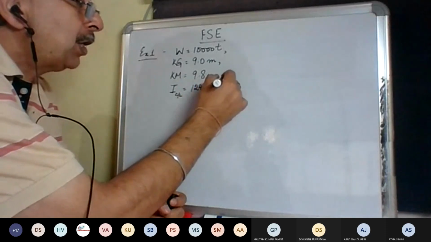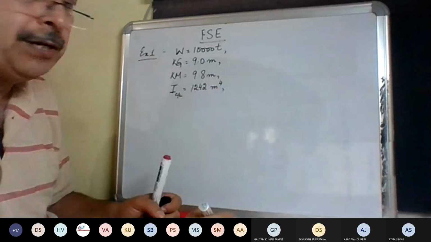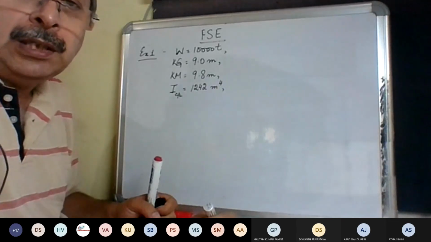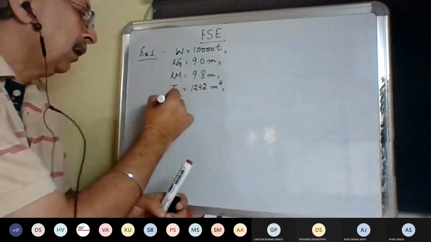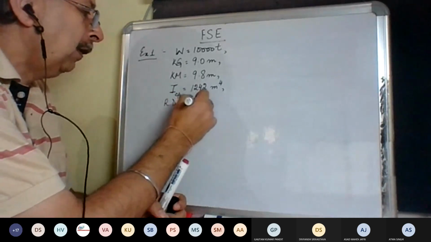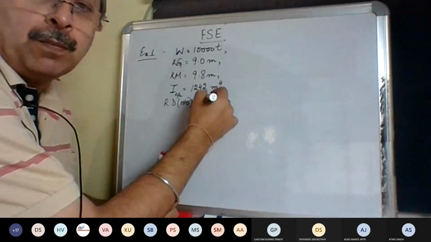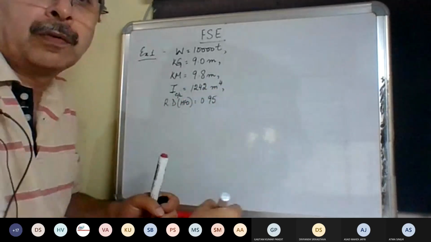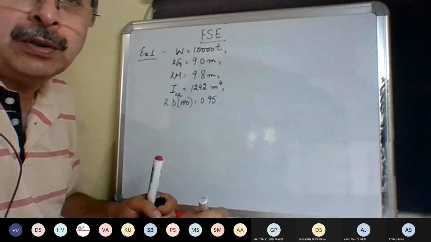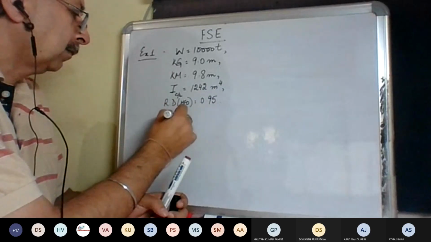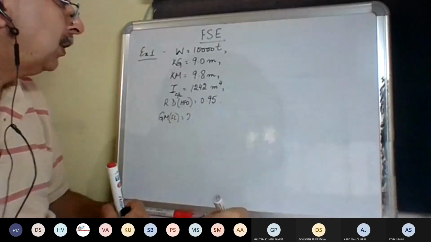The units of moment of inertia are m4, meter to the power 4. The RD of HFO, heavy fuel oil, is given as 0.95. You have to find out the GM fluid.